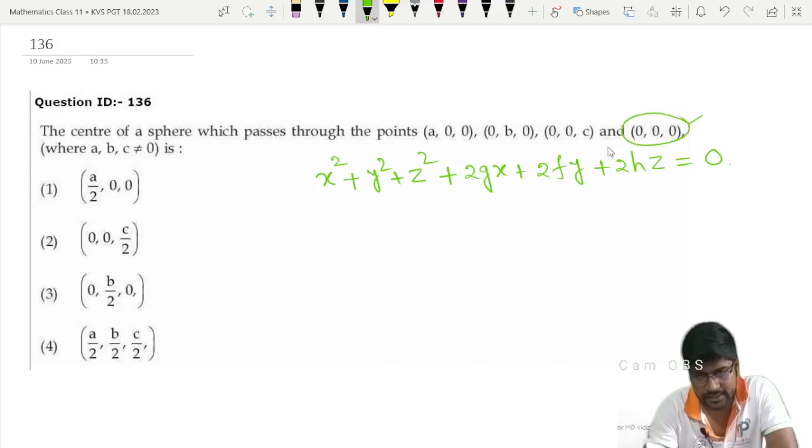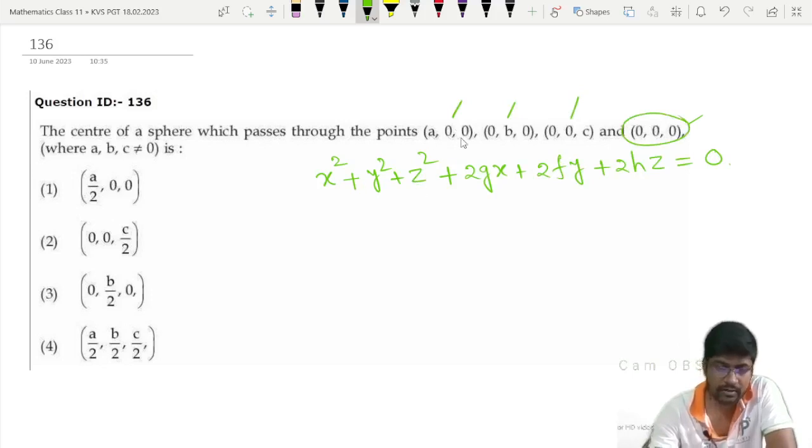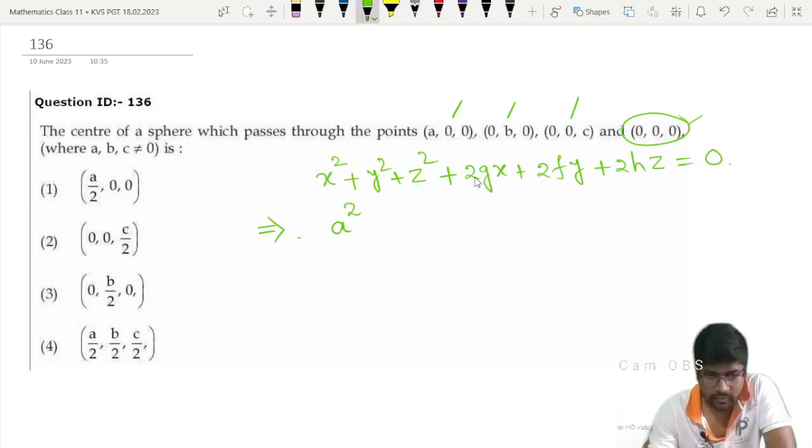Now this sphere will pass through these 3 points as well. If the sphere is passing through a, 0, 0, then the equation will be satisfied by the point a, 0, 0. So just put the values a, 0, 0. We will get a square, and x value, y, z are 0, so a square plus 2ag is equal to 0.